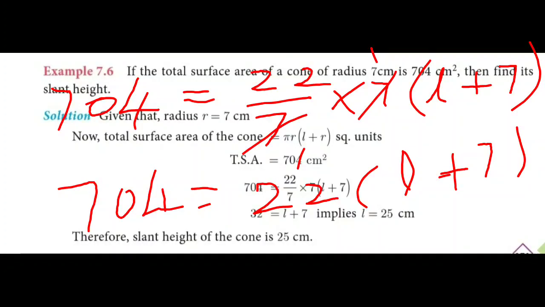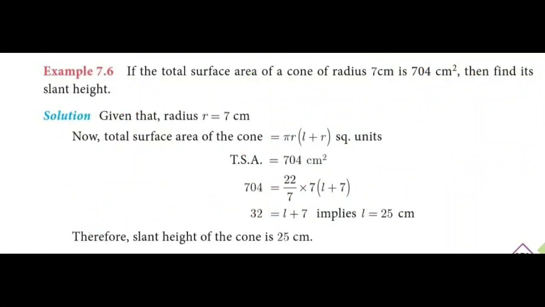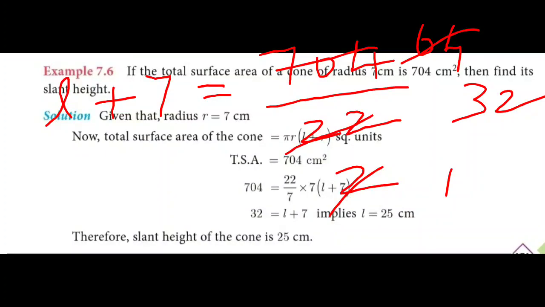Then 7s cancel, then 704 is equal to 22 into (L plus 7). Then 22 shifts to the right hand side, we get L plus 7 is equal to 704 divided by 22.